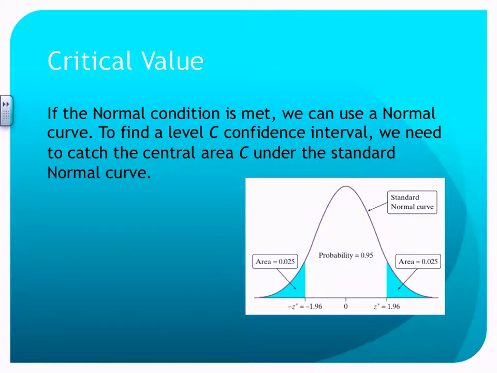Okay, so if the normal condition is met, so we do have to check those conditions, we can use a normal curve. To find a level C confidence interval, we need to capture the central area C under the standard normal curve, okay? So if I'm talking about a 95% confidence interval, I'm talking about from here to here.